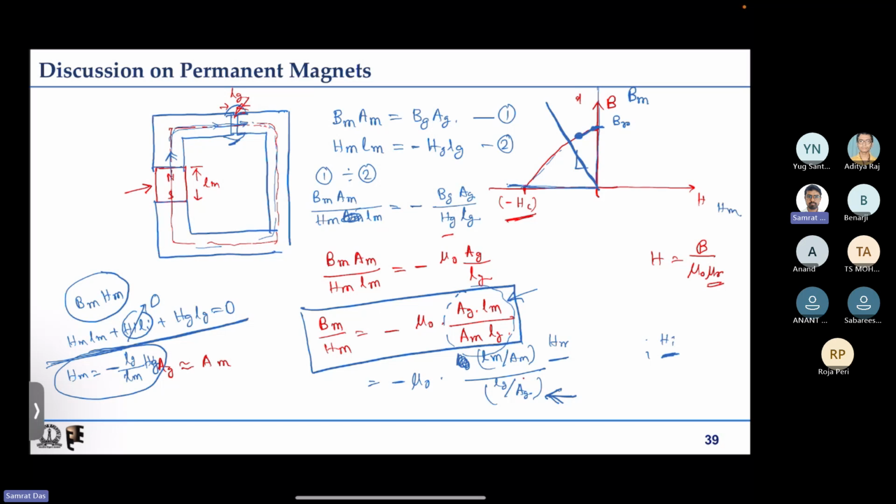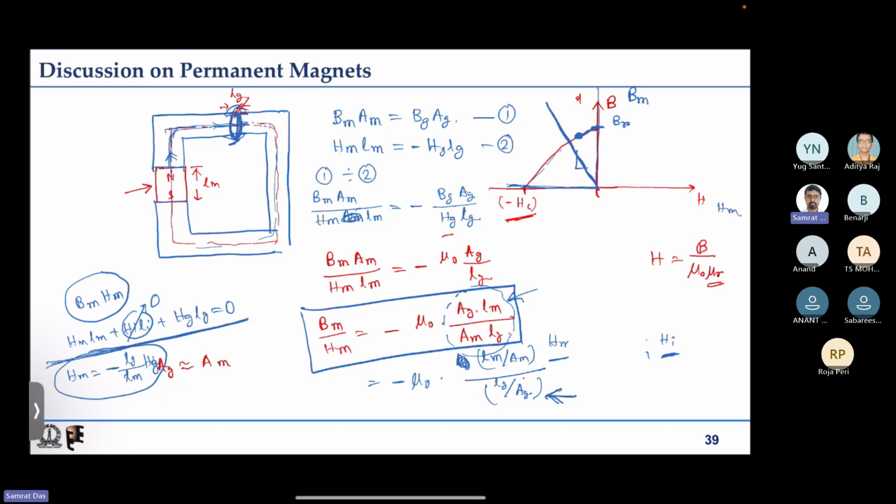So that tells you that if we make our permanent magnet face even a small air gap, then because some flux has to flow through this gap, whatever H drop will be there in this small air gap will oppose the permanent magnet.